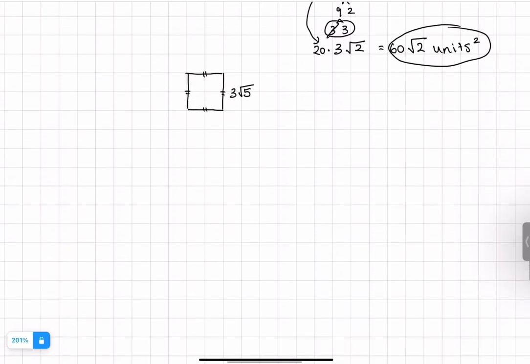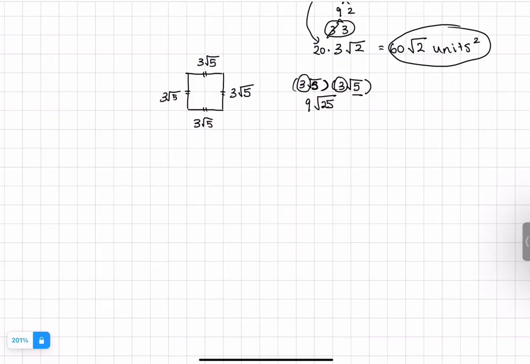So length would be 3 root 5, and the width is the same, so it would also be 3 root 5, because it's a square, so all sides are 3 root 5. When we multiply these together, 3 times 3 is 9, and root 5 times root 5 is root 25.